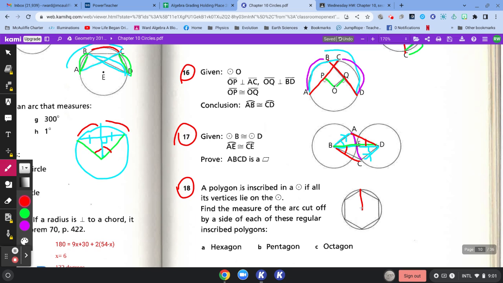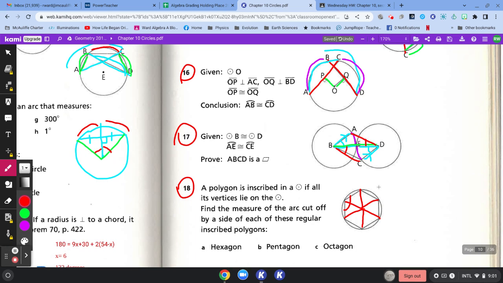What you want to do is think about the central angles that would be produced here. All these central angles are going to be the same. So in this hexagon, you can work out the interior angles using some formulas we dealt with in the past.